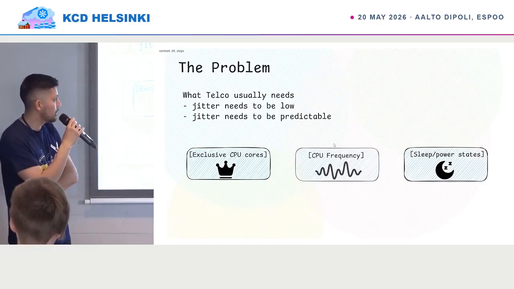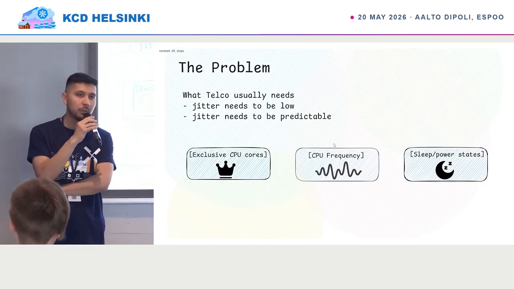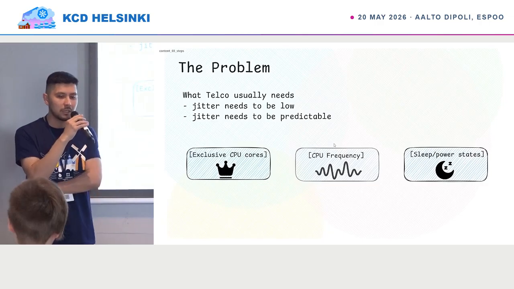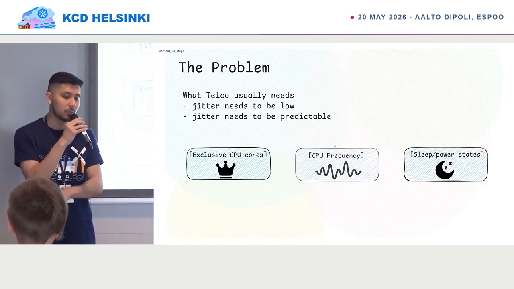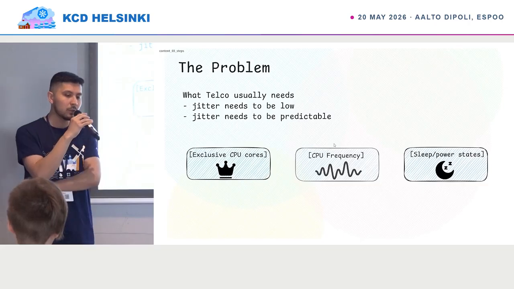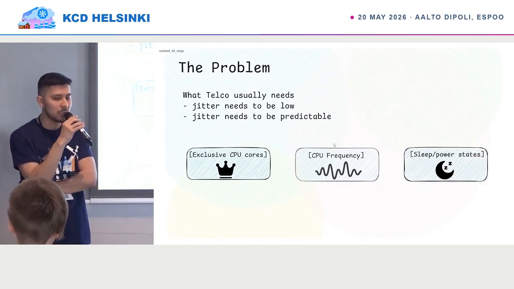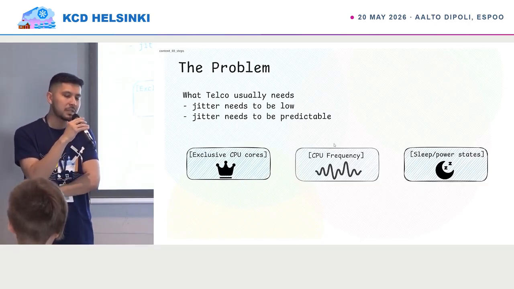The other approach is CPU frequency. You could play with the frequency of the node. For example, you could lock the frequency to the maximum and also disable CPU frequency scaling. That way you have a stable frequency running for your application.